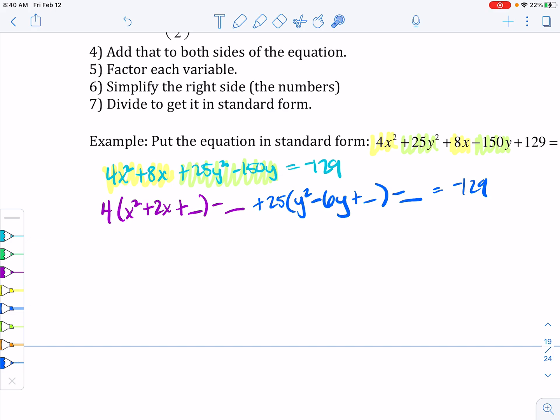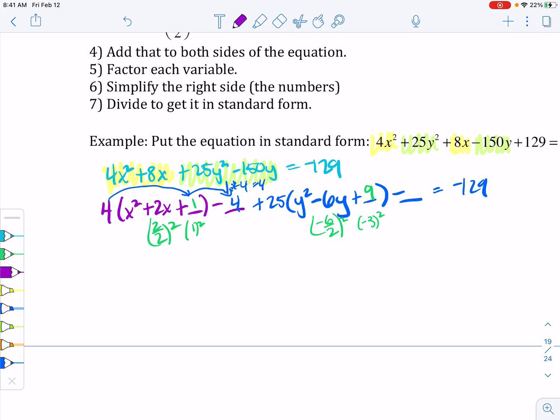So now we're going to cut this thing in half and then square it. So we're going to cut 2 in half and square it, which gives us 1 squared, which is 1. We're going to cut -6 in half and square it, which gives us -3 squared, which is 9. Okay. Now to figure out this thing, we really were doing 4 times by 1, so I really was adding 4. So then I have to subtract 4.